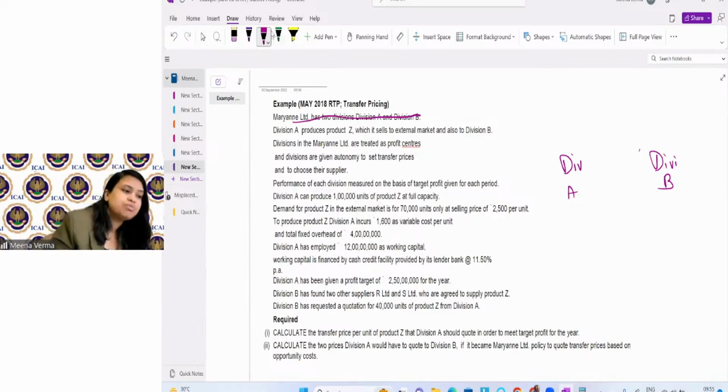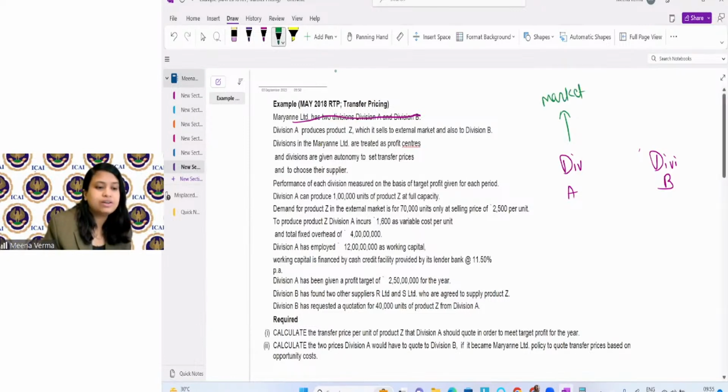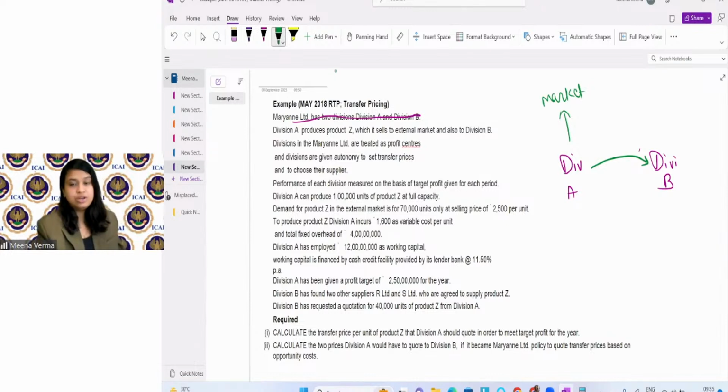They are producing product Z and selling it in the external market, and they are also transferring it internally. They have the option to sell it in the market as well as to transfer it internally.